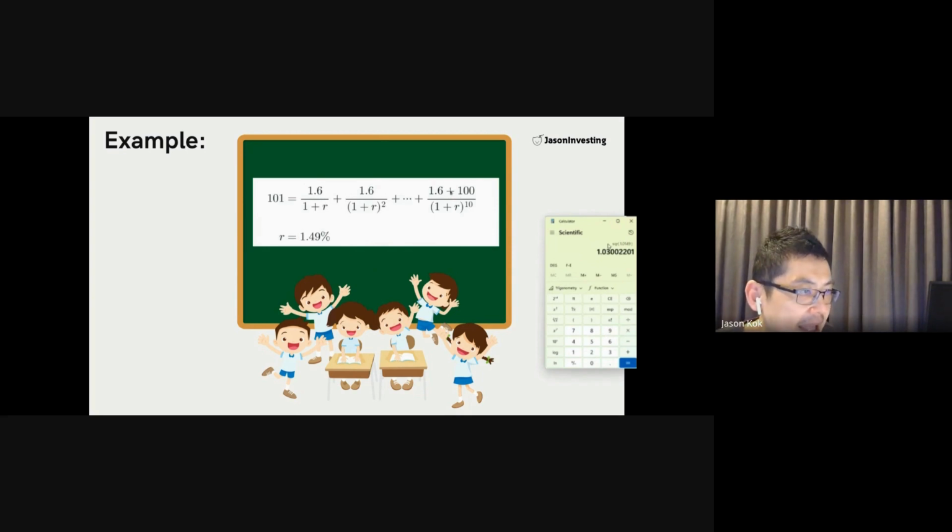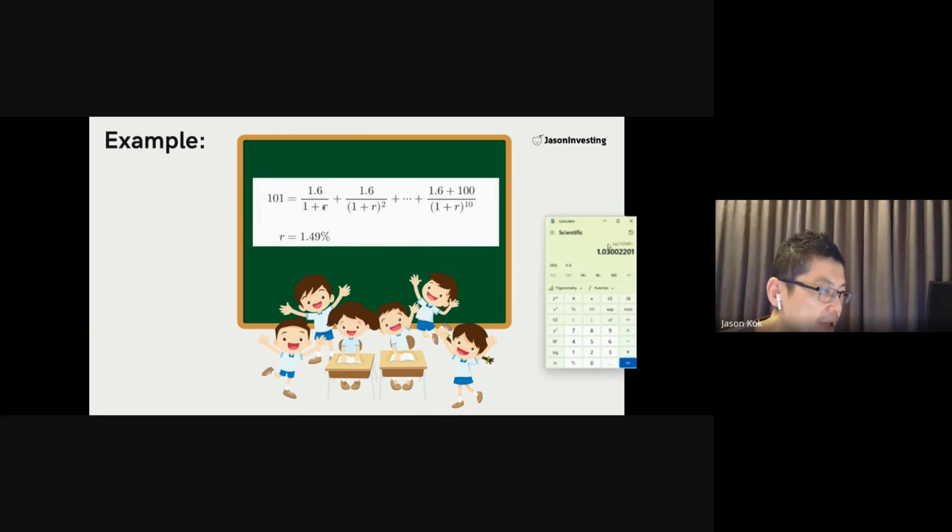And at the 5th year, you will get the coupon plus the principal, the 100 back, and you're discounting back. If you add all this value up, at the yield of 1.6%, you will just get $100 back. That means you pay for the bond at $100 par value, which is basically the fair price.